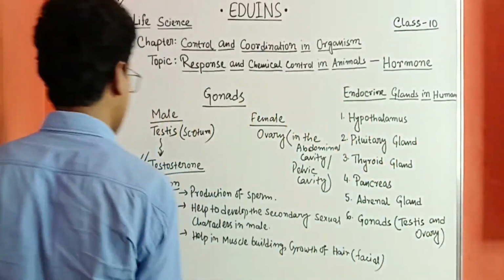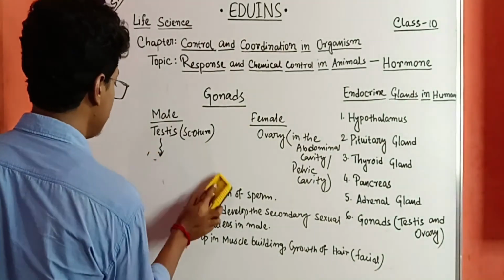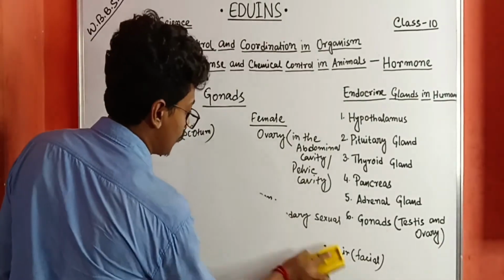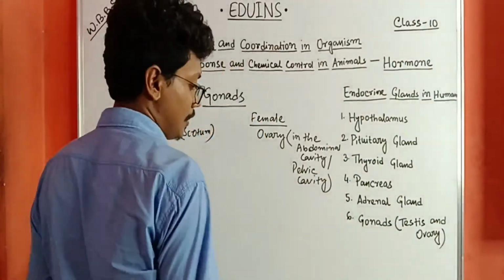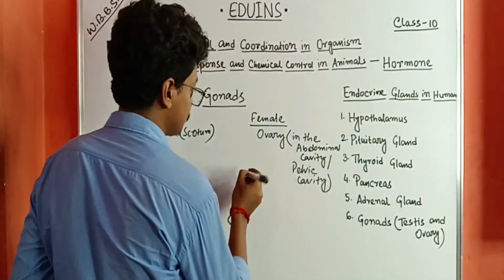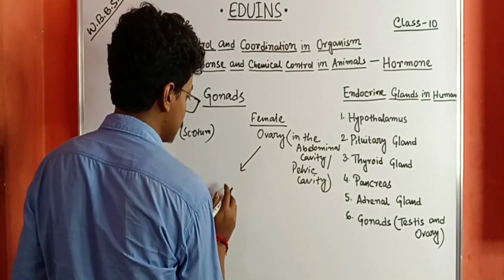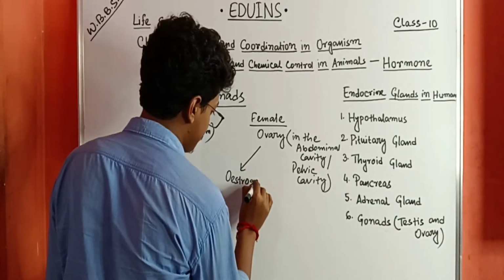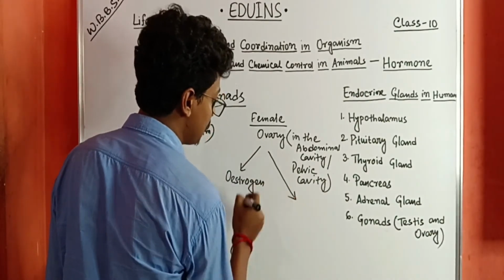In the case of female, they mainly release two types of hormones. What are they? Number one is estrogen, and another one is progesterone.